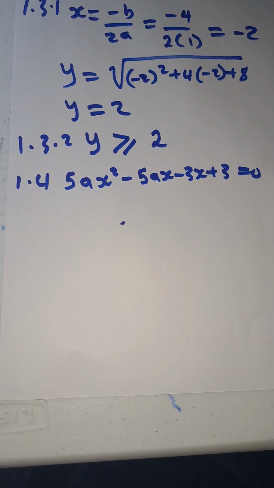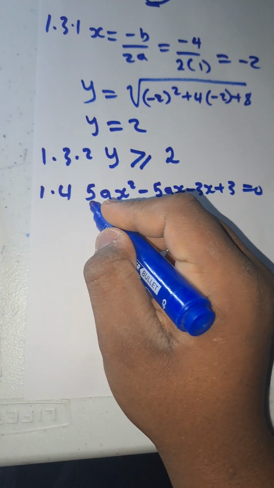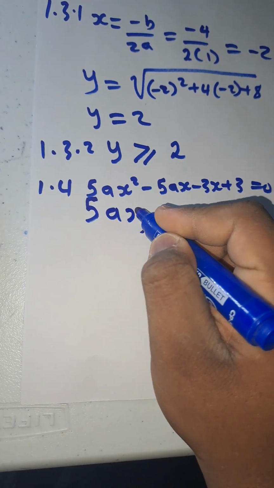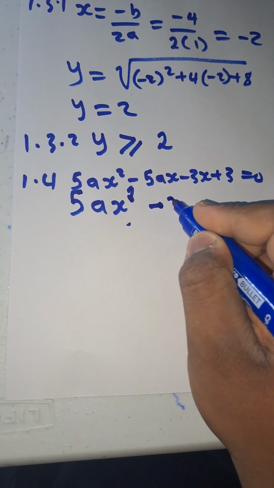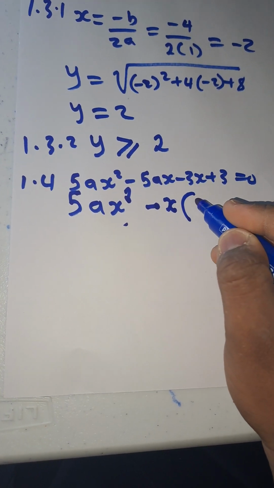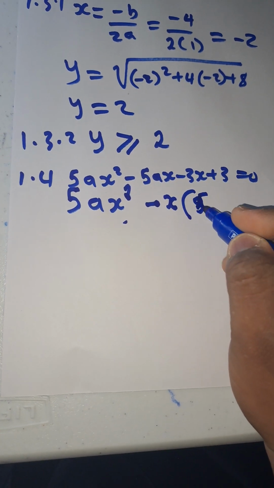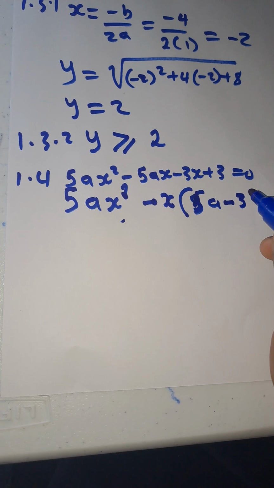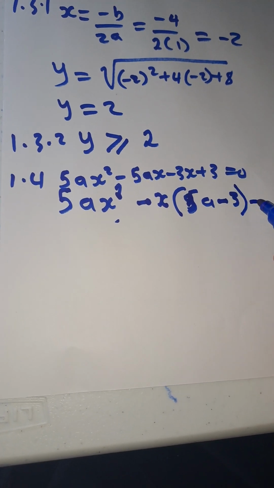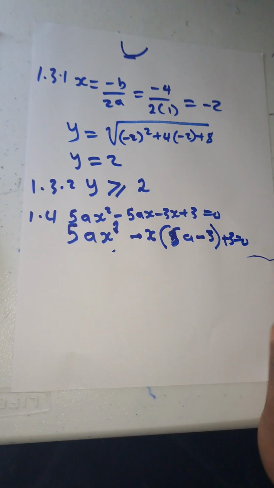So for me to factor out x, I'm going to say what? 5ax squared, minus what? X. What am I going to be left with? 5a minus 3. Because on that side there is no x, plus 3 is equal to 0.